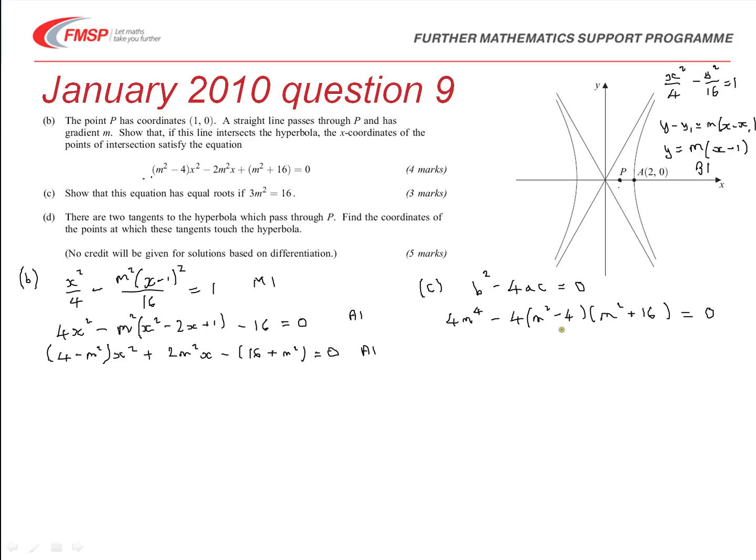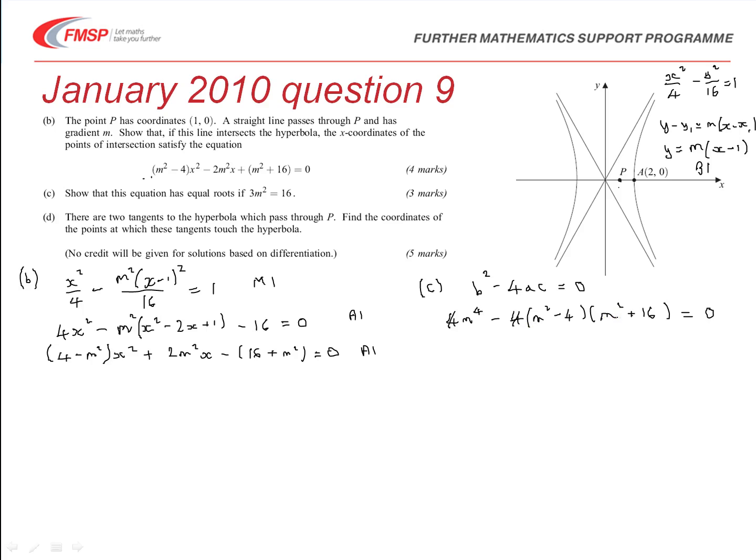So now we need to simplify this by multiplying this out. Well, we can divide through by 4 and get rid of all of these 4s to make life somewhat easier. That would help. So then when we multiply out this bracket, we've got m squared times m squared with a negative, so that's minus m to the 4 with a plus m to the 4, so that's going to disappear.